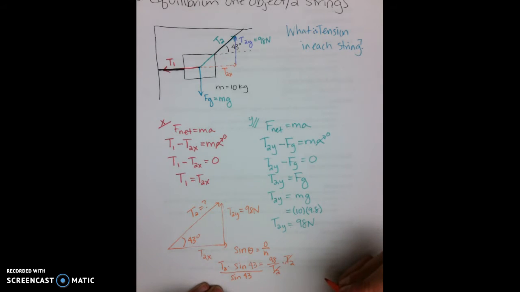So T2 is equal to 98 newtons divided by the sine of 43 degrees. And when you do that math, you end up with 143.7 newtons.